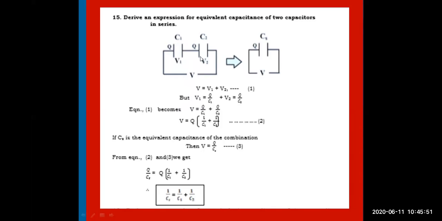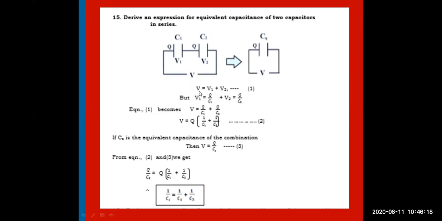What will be V2? Q divided by C2. Now add both. V is equal to V1 plus V2. So V will be equal to Q divided by C1 plus Q divided by C2. Take out Q common. What do you get here? 1 divided by C1 plus 1 divided by C2. Call this equation 2.